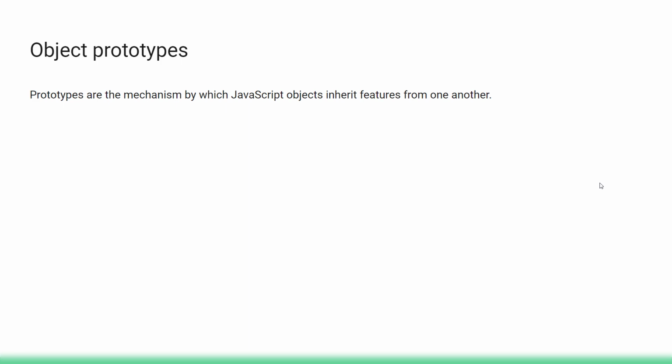Hey guys, let's look at object prototypes. Once we understand that, we're going to use it practically inside our VS Code editor. Prototypes are the mechanism by which JavaScript objects inherit features from one another. Every object in JavaScript has a built-in property which is called its prototype.